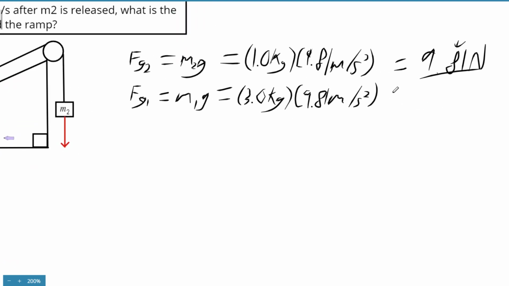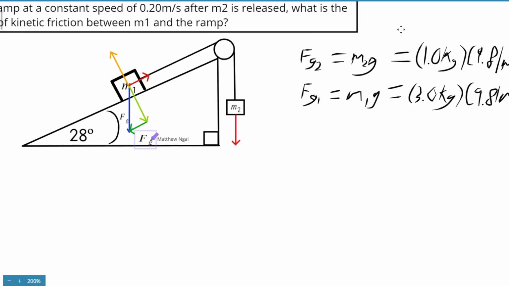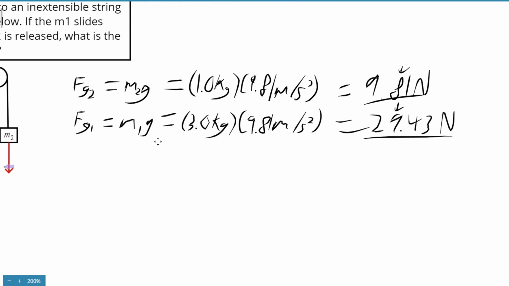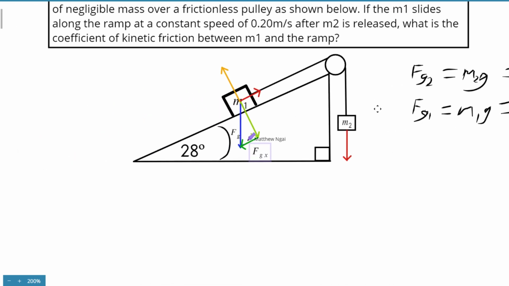And if you put that in your calculator, 3 times 9.81, that's 29.43 newtons to 2 sig figs. So now that we have the weight of the two, we can go to solving the problem.